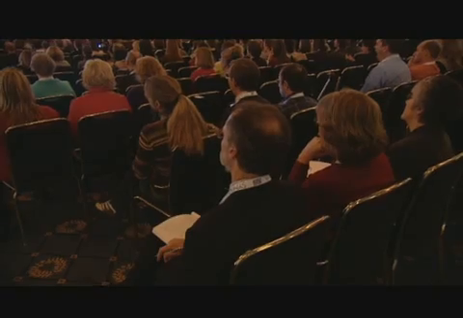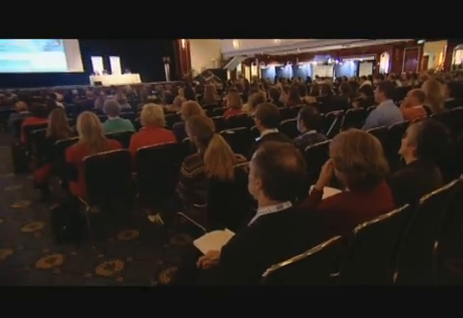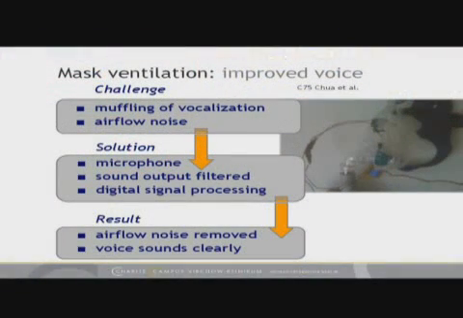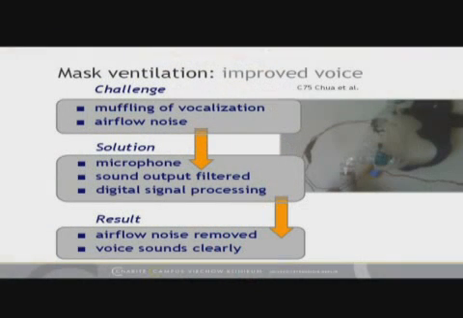To overcome this problem, Dr. Chua of Vancouver, working with Andrew Eisen, suspended a tiny microphone near the top of the mask and amplified the patient's voice using a sound output system. The result is that the airflow noise was removed and the patient's voice became clearer.